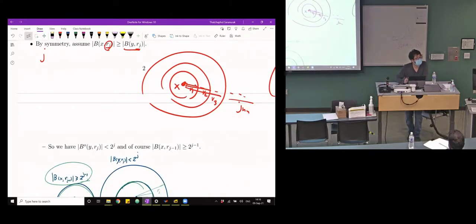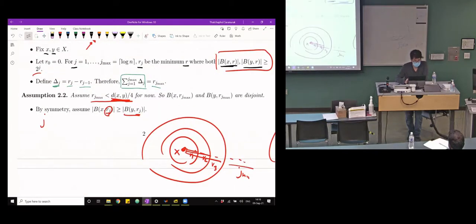How can you assume r_j max to be small? It might not be true in general at all, but let's assume this for now. But j max is log n, right? So the ball around x of radius r_j max should include all the vertices, right? I mean, there is a case where it is wrong, but I will just change the proof at the end and you will see that this assumption can be lifted.